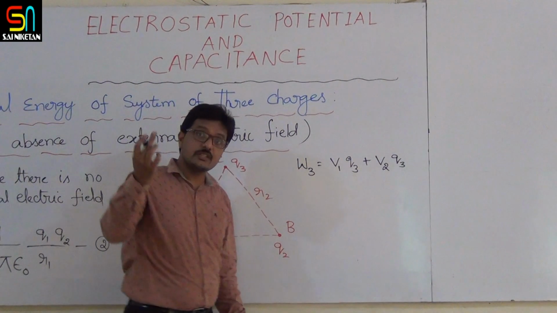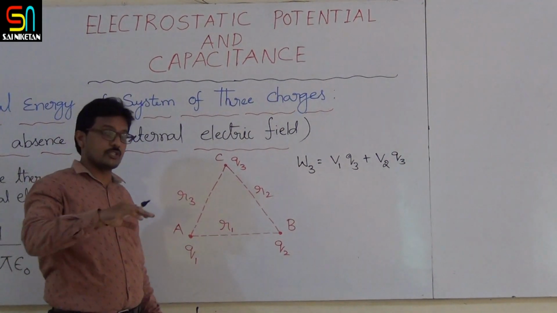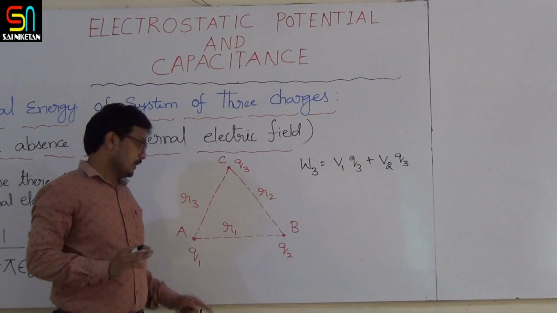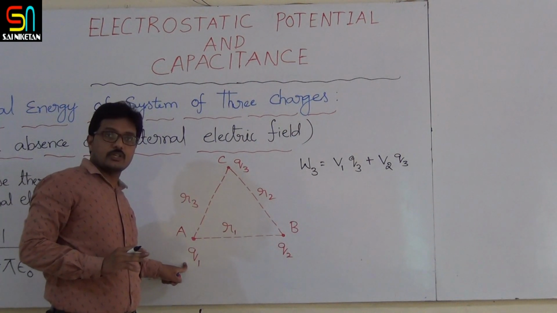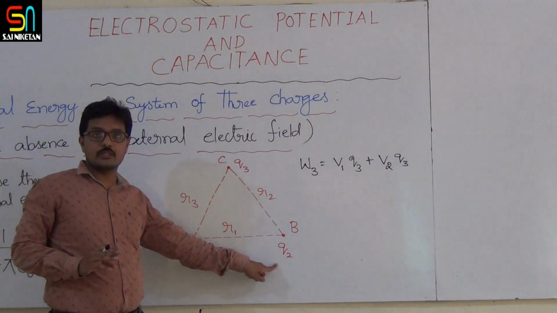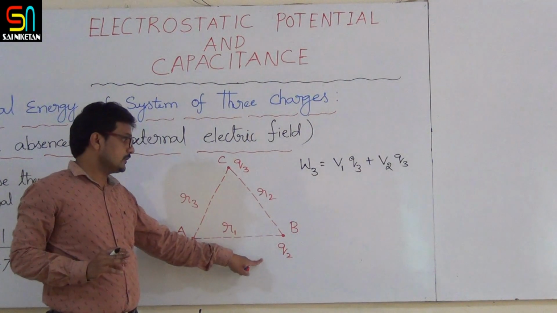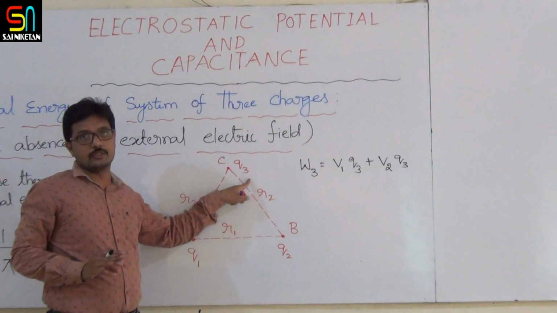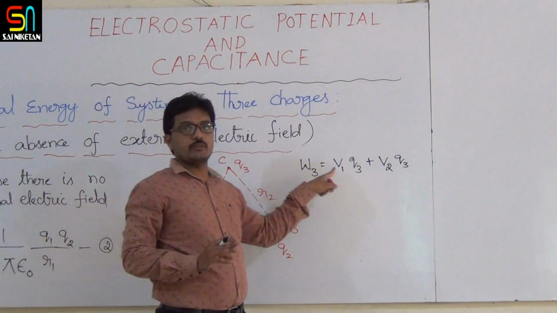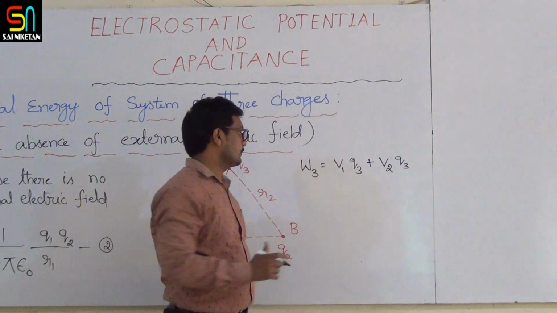Already we discussed that as many charges as there are, that many potentials will be created. Here Q1 produces one potential, Q2 also produces a potential, and these two potentials affect the charge Q3. So work done will be V1 Q3 plus V2 Q3.